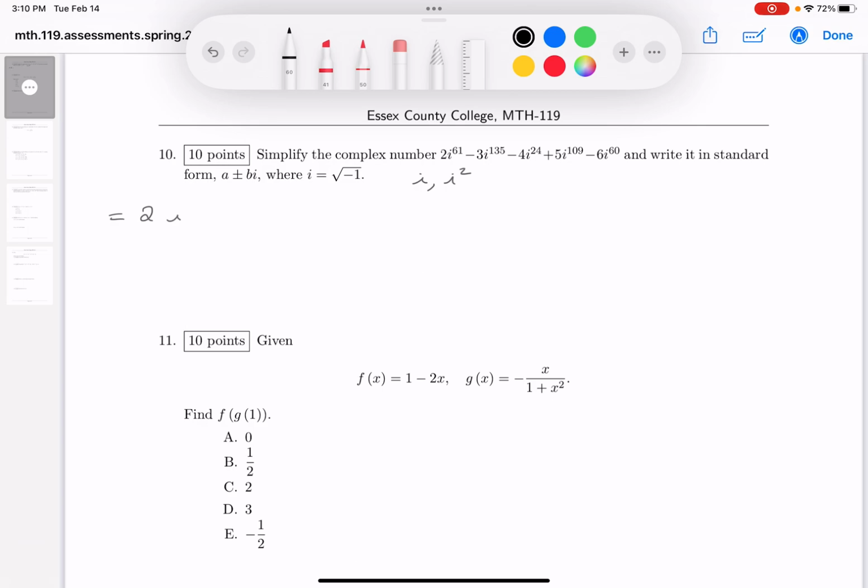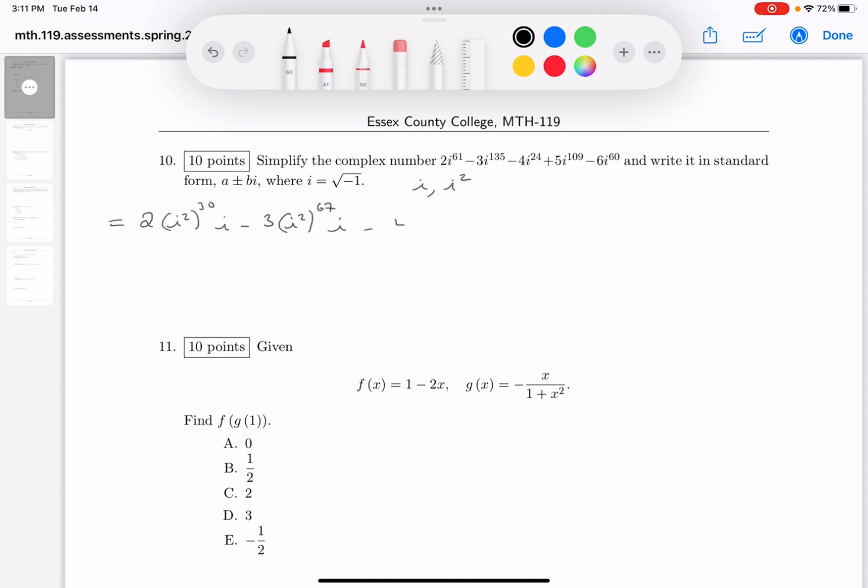I see an i squared to the 30th power. And then it's going to be i. And that would give me 61 i's minus 3 i squared. That's going to be to 67 i. 2 times 67, 134 plus 1 is 135.